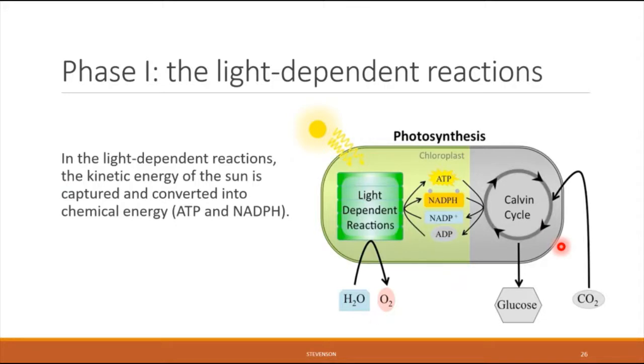The light-dependent reactions are responsible for capturing the kinetic energy of sun waves and converting it into these short-term temporary forms of energy, ATP and NADPH. Now you're familiar with ATP. We haven't heard the acronym NADPH before, but we have heard NADH.